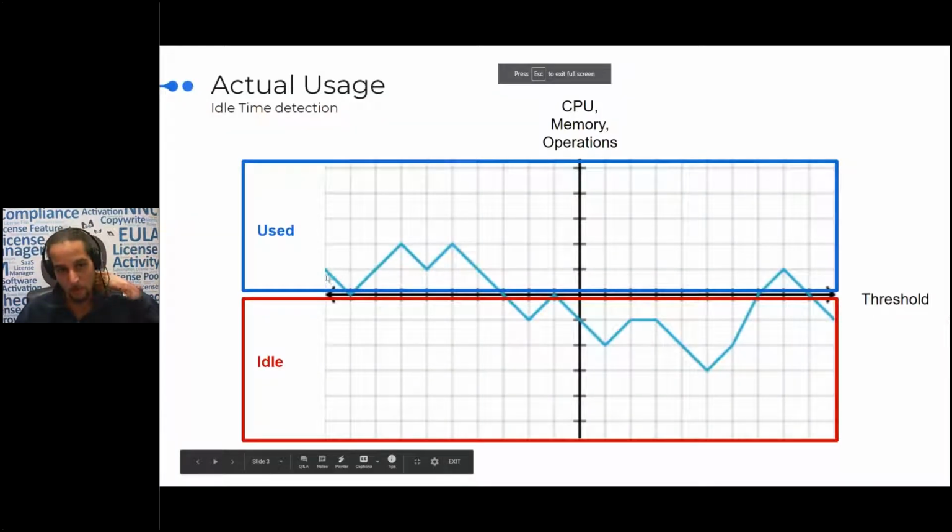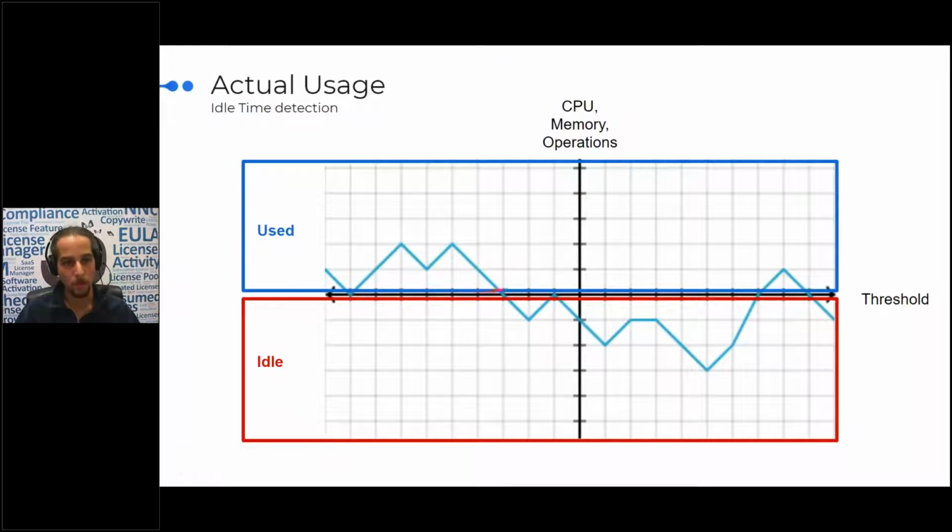And once it goes over that threshold, that means that there is CPU usage for that application, there is memory usage, there are operations currently happening, then it's currently used. But if there's no CPU usage, not a lot of memory usage, barely any operations happening, then it's currently idle. It's not being used.